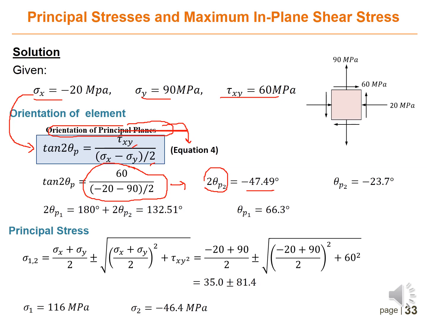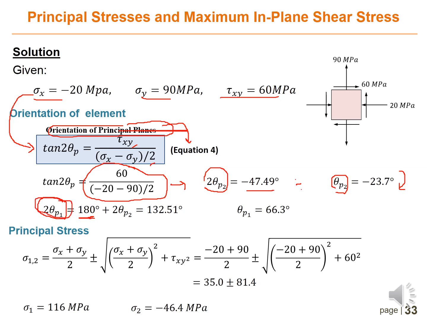Next is to find theta p2. You just divide by 2, so you will get negative 23.7 degrees. That means this plane is acting clockwise. Once you have the theta p2 value, you need to find theta p1. As I mentioned in the previous slide, 2 theta p1 and 2 theta p2 must be 180 degrees apart.